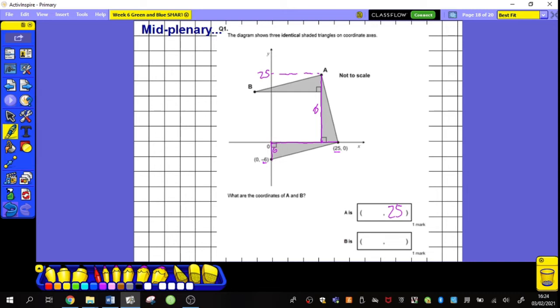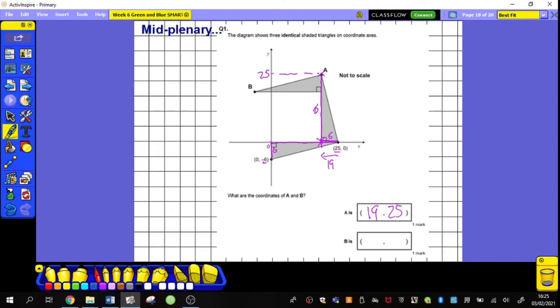Therefore, this length here must also be 6. So can I go back 6 to get to whatever that is on the x-axis? So 25 take away 6 must be 19. So A must be 19 along to get to here and 25 up, bang, getting to there.